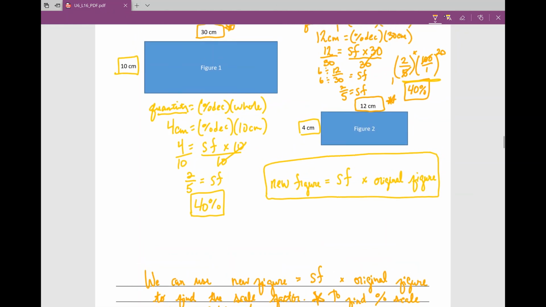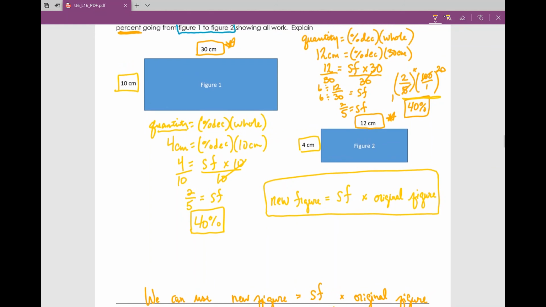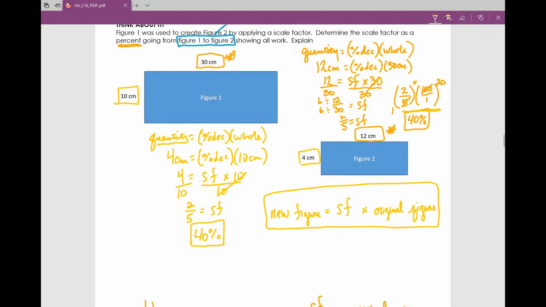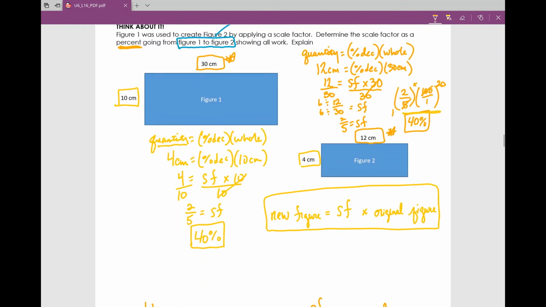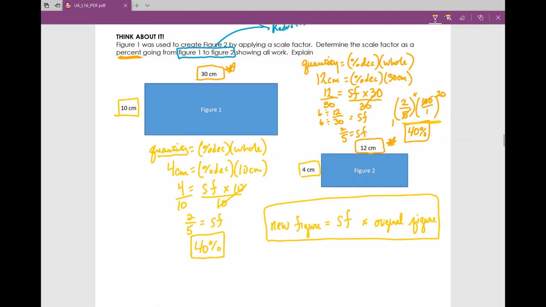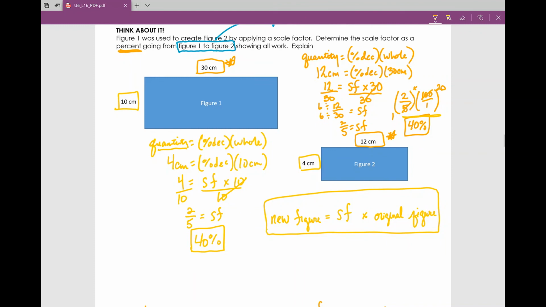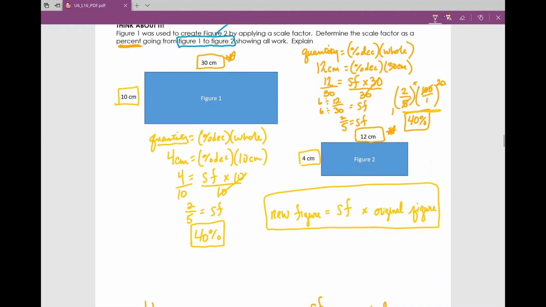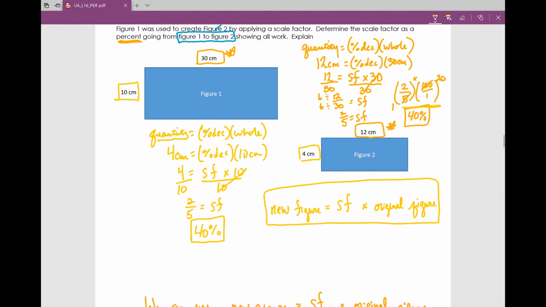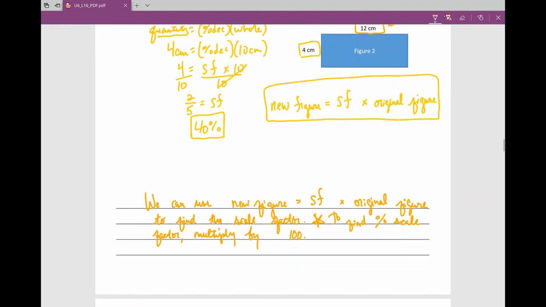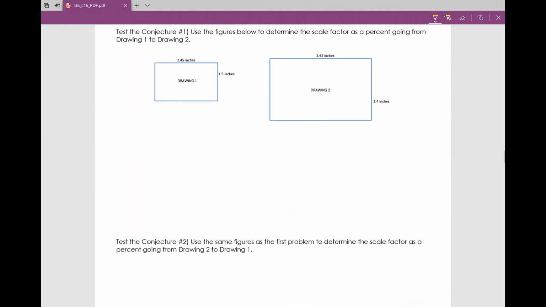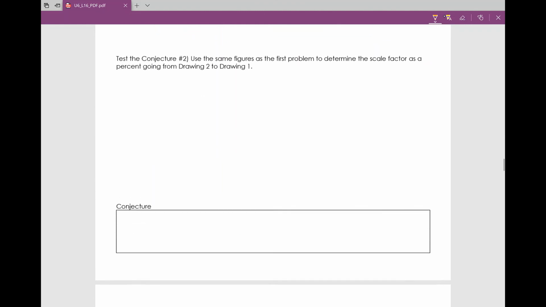Now, in addition to that, right, we actually know something else. This scale factor as a percent represents something. Now, if we think all the way back to our tables, all the way back to the relationships that we've learned, what does it mean if we have a scale factor? It means that these two figures are proportional. So let's go down to our conjecture box, and let's copy this down together. Ready?